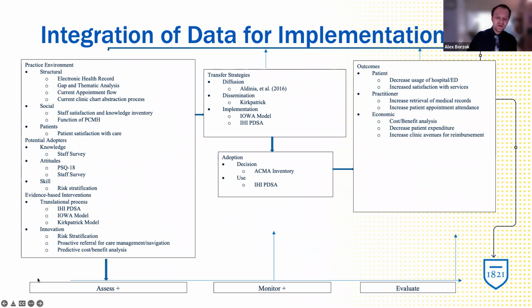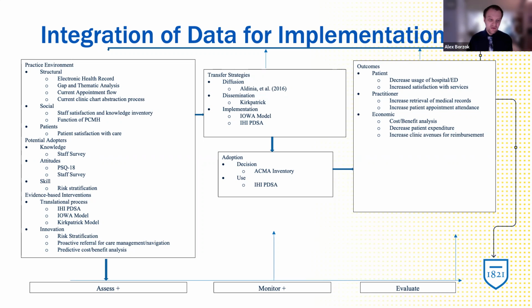So this is the Ottawa model of evidence-based practice, and this is what I use to pull in all of those different components of not just what we need to consider, but also how we're going to intervene and how we're going to transition all of these different things into this service line to make it an actual functional process and program within the practice.